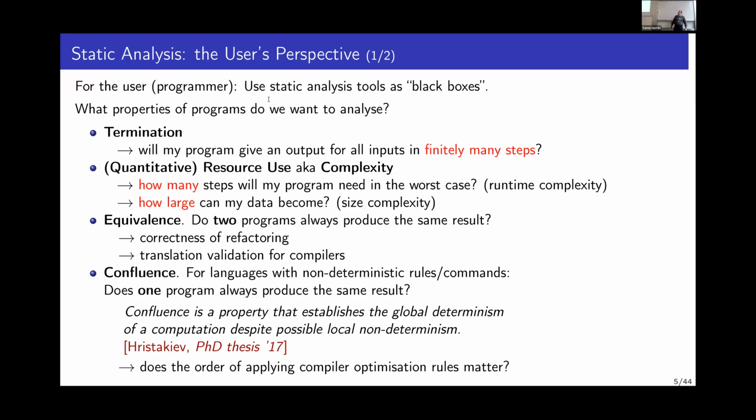So maybe on the way to the results, there can be different paths that the computation may take, but in the end, we want the same overall outcome. Again, compiler optimization is a topic where this can be applied. Does the order of applying these optimizations matter? Or can I apply them just in no matter what way?